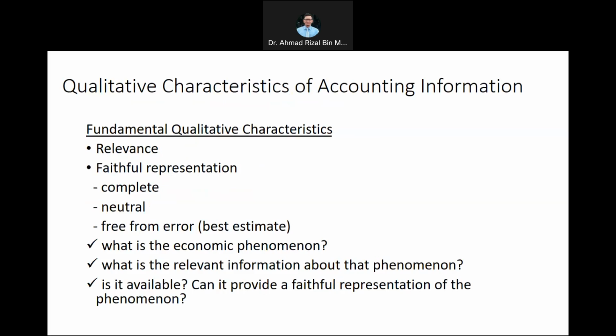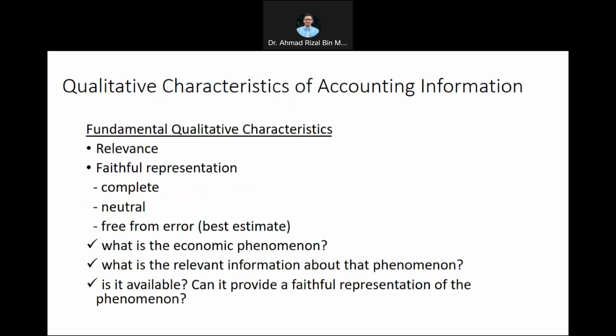But qualitative, to a certain extent, in some cases, is quite subjective, and it sometimes requires a few other layers or steps before we can actually determine whether or not the financial statements are prepared according to the standards, whether or not the items really represent what they should be telling.